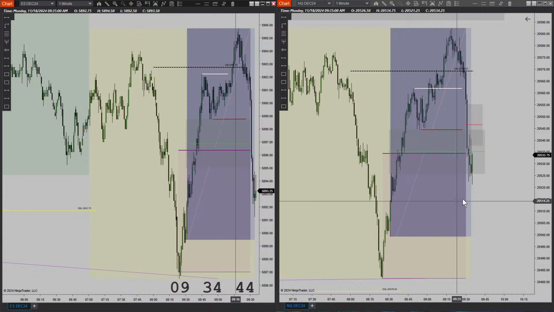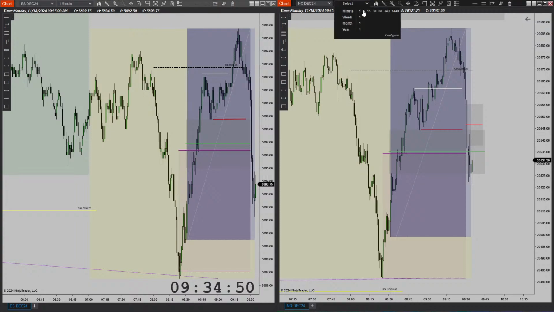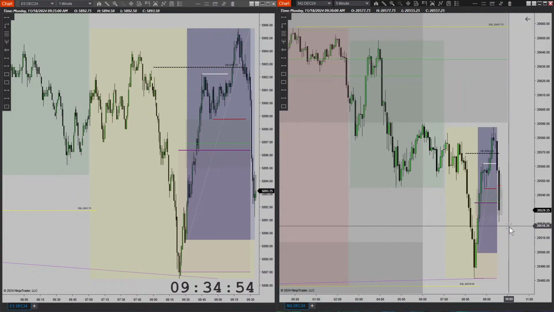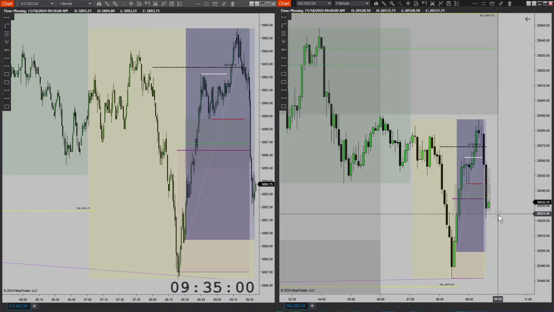And the 5 minute is about to close. This is a 15 minute, but there is a 5 minute up here. So you can see here, this could be a breakaway gap if it doesn't draw into that area there.